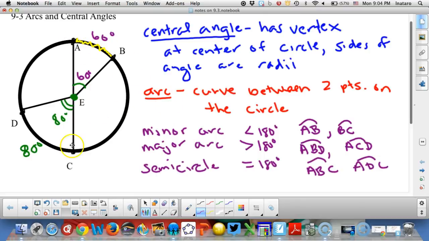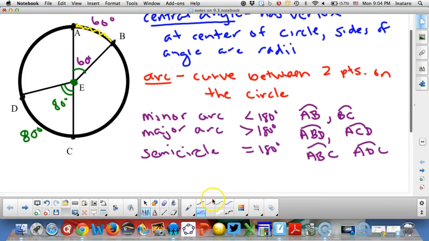ABC goes to the right and ADC goes to the left. So once again, we need to make sure we name those semicircles with 3 points so that we know which one we're talking about. So make sure you use 3 points to name major arcs and semicircles. That's very important.